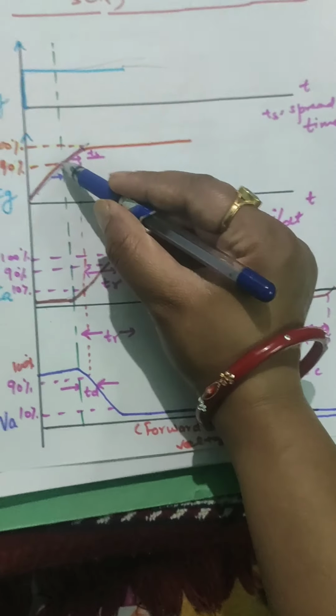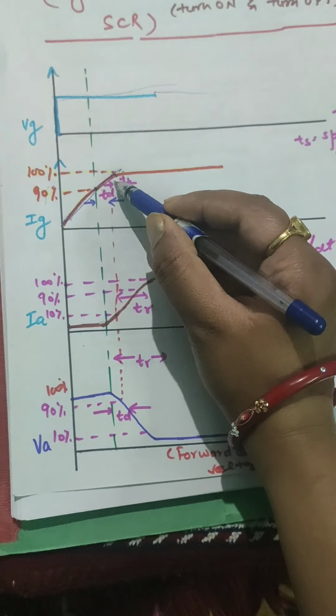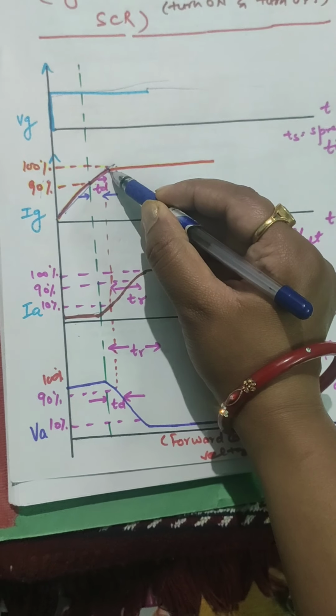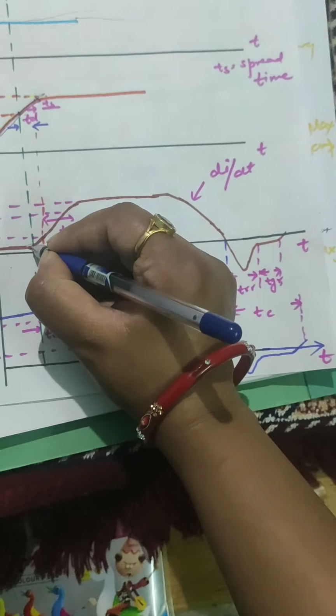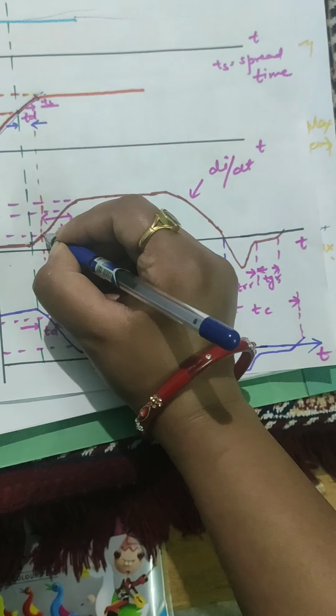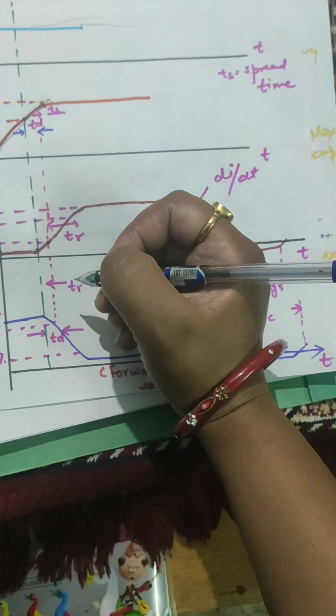So, when gate current reaches 90 to 100%, at that time anode current rises from leakage to 10%.